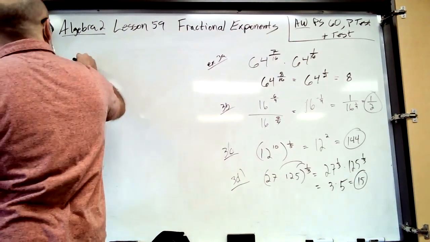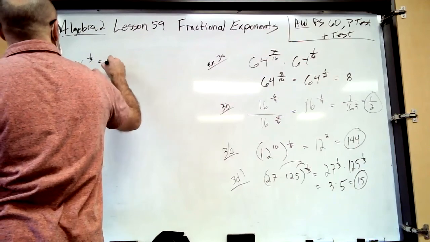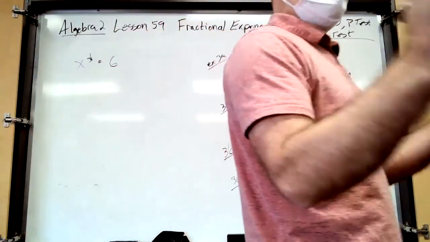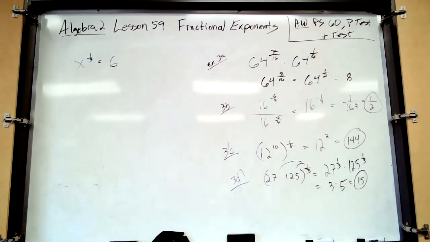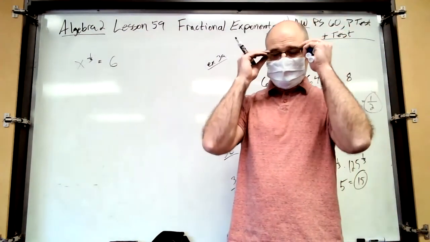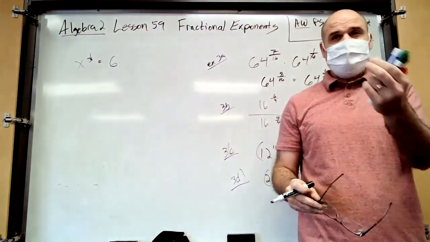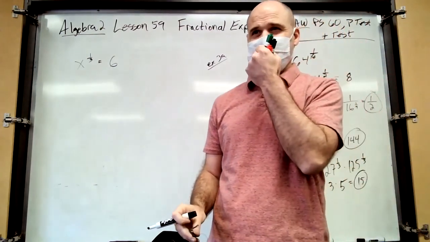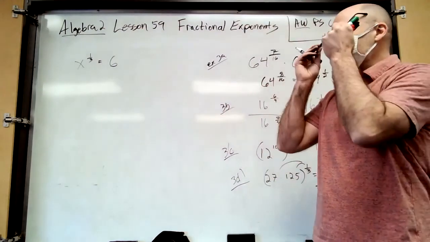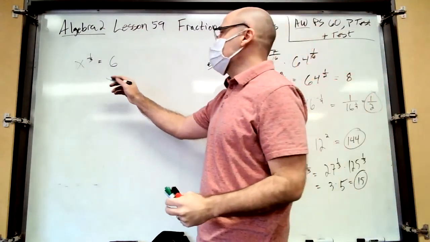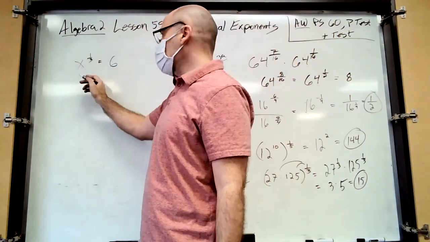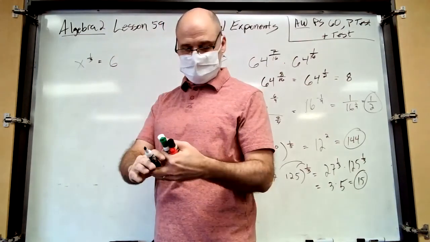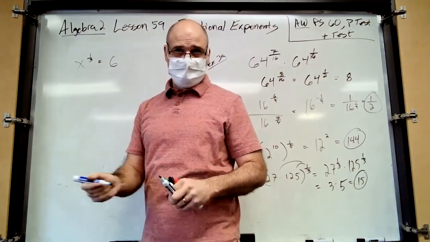x to the 1/3 equals 6. How do you get x by itself? You take the 1/3 root of it. Or, well, cube it. Technically, you could take the 1/3 root because the 1/3 root is cubing it. Really, we just need to make this an x to the 1. What do you multiply by 1/3 to make it a 1? 3.